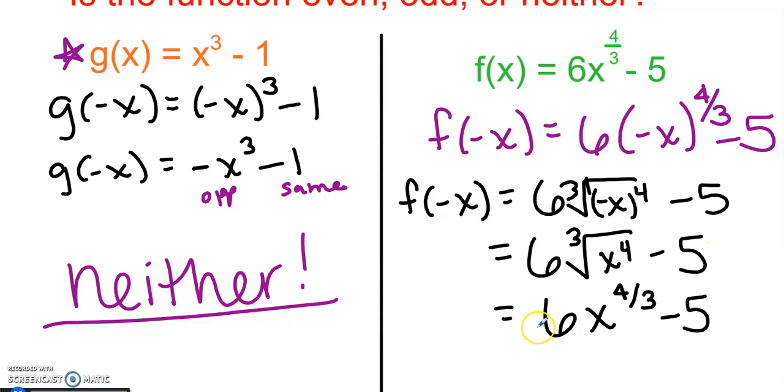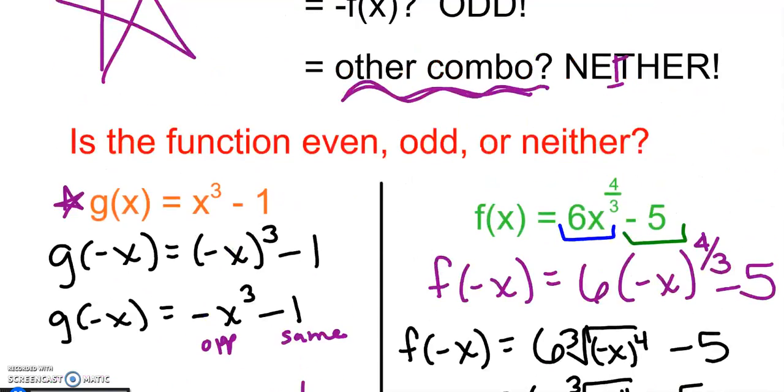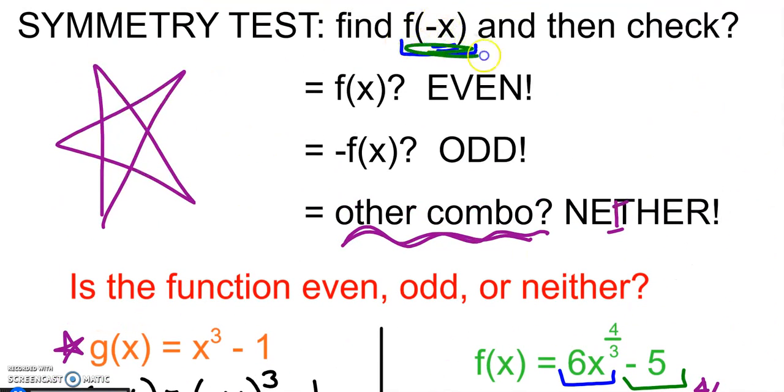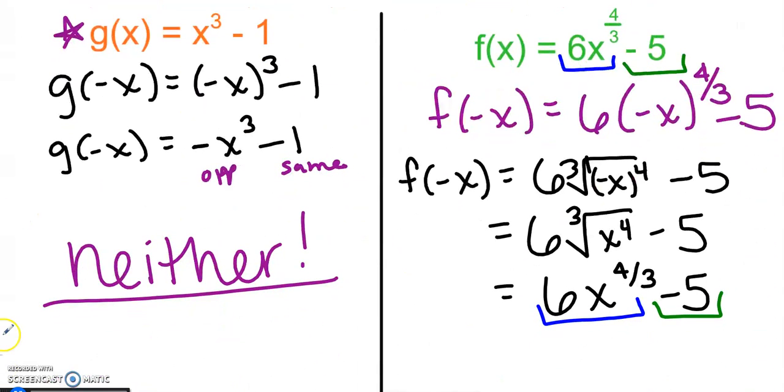So if I compare, this term is exactly the same as that term. This one, minus 5, is exactly the same as that term. So when I plugged in negative x, I got back that everything was exactly the way that I started with it. So this is an even function.